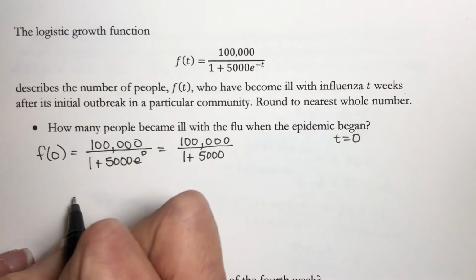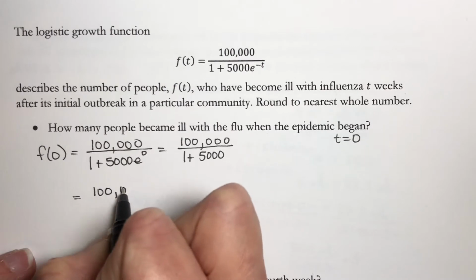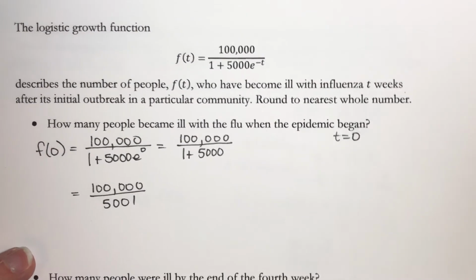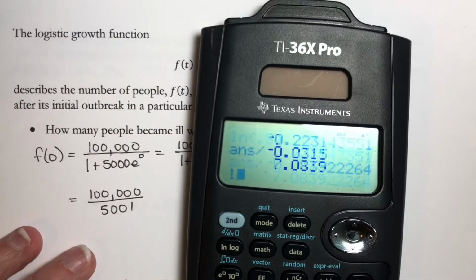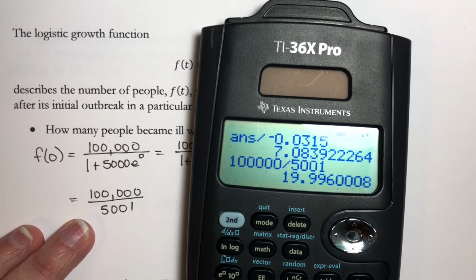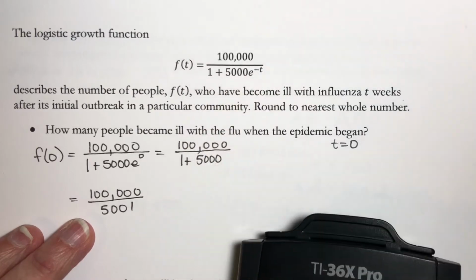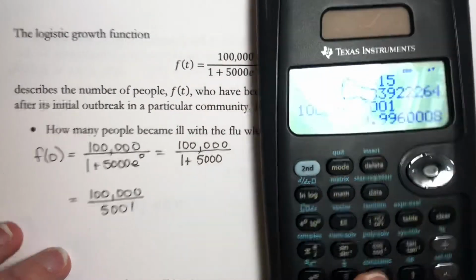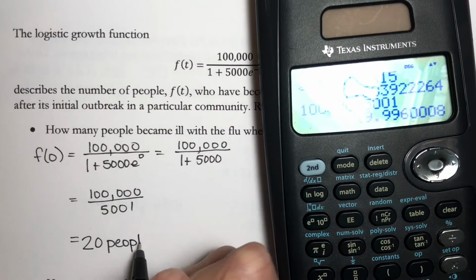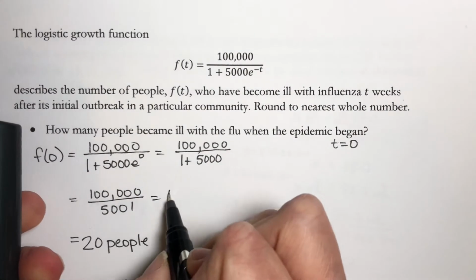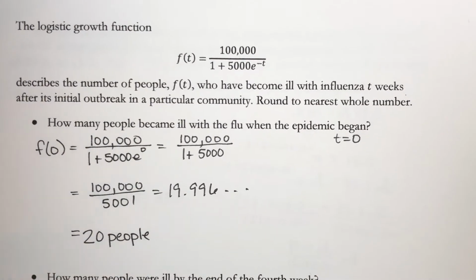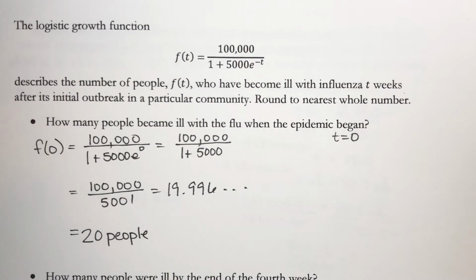So this is equal to 100,000 divided by 5,001. We're supposed to round to the nearest whole number, so it's about 20. So approximately 20 people had it in the first week when t was 0.